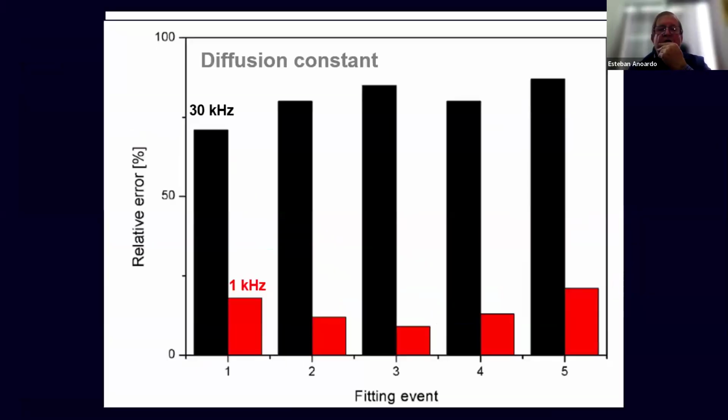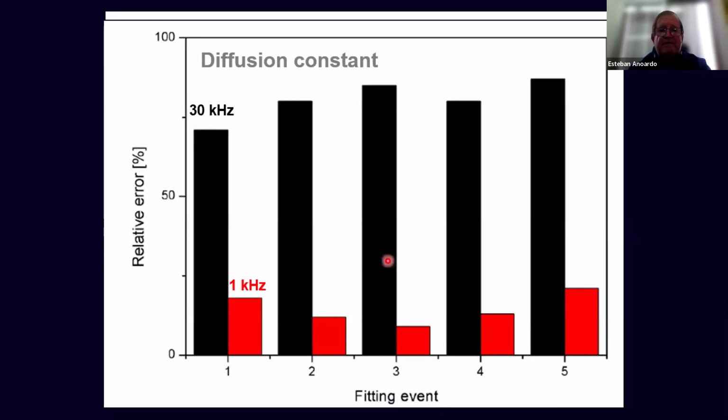So this example shows what's going on with 30 kilohertz and what's going on if we measure down to 1 kilohertz. Everything is simulated here, but I guess that this will be more or less the same when we are able to extend the experiment to such a low field.